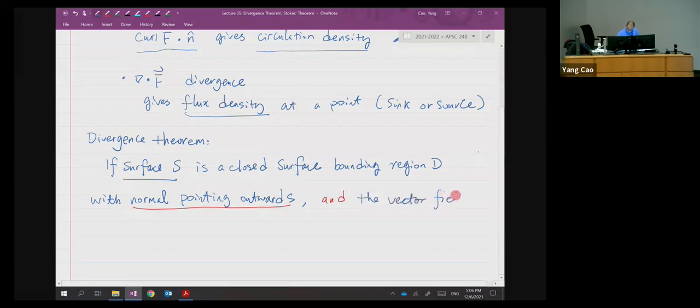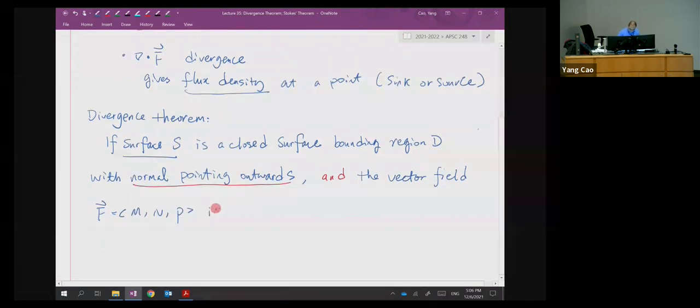And of course, there's a vector field F. The vector field exists in 3D space. It needs to be defined over this region D, meaning you pick any point within the region D and plug it into this vector field F, and it will give you back certain numbers, not infinite. If it's infinite, it means it's not defined.